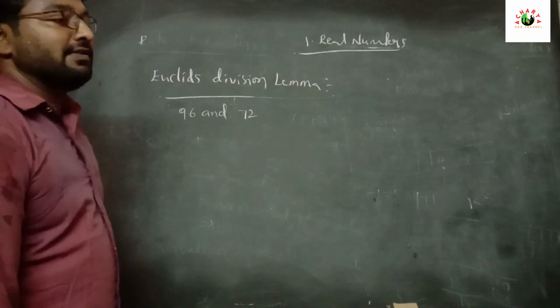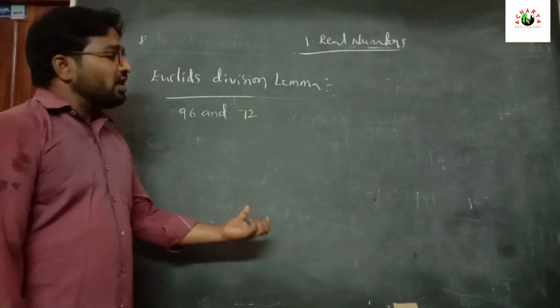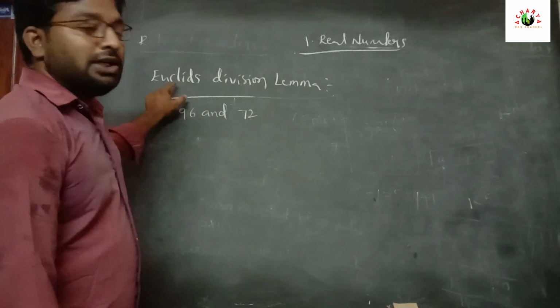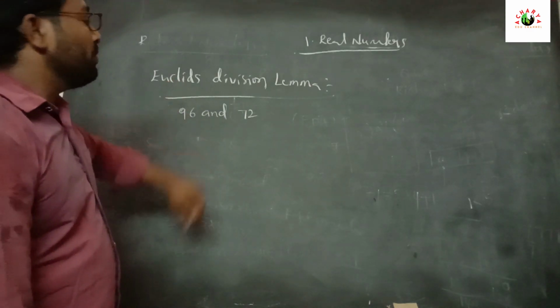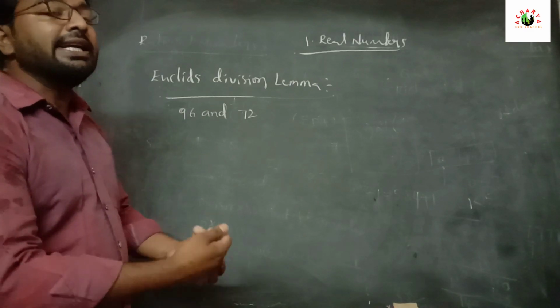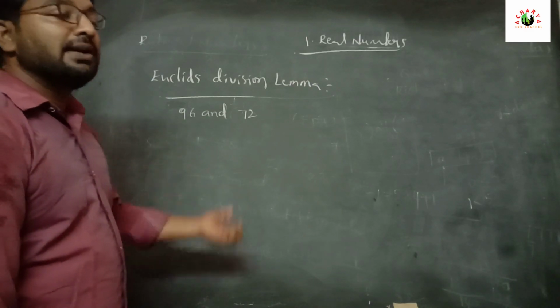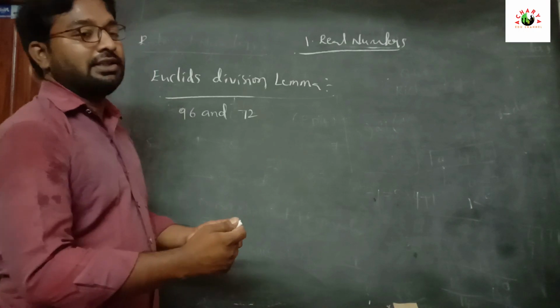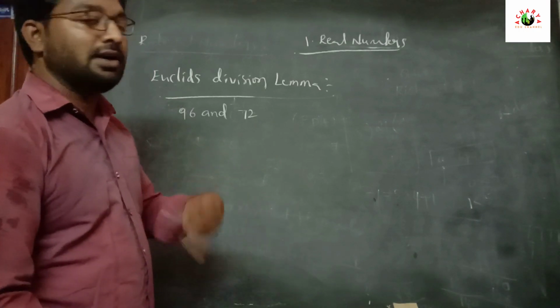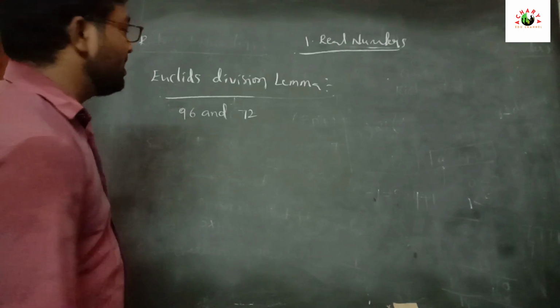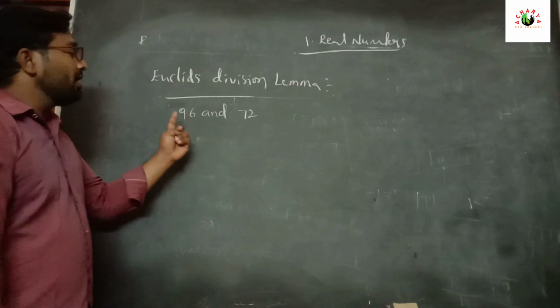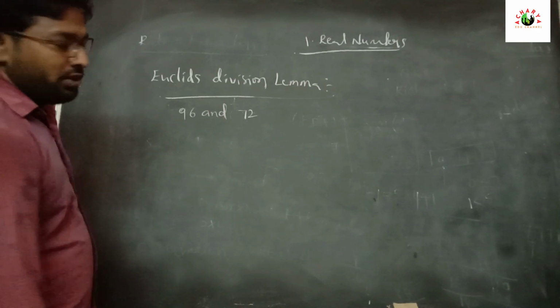Just now I said what the use of Euclid's division lemma is: we find the HCF of 2 numbers or 3 numbers, 2 or more numbers.